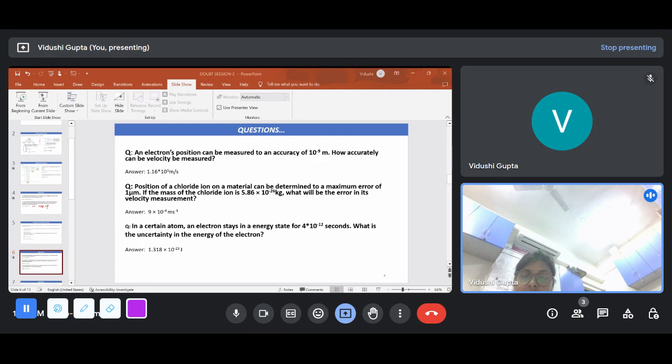So it will be x d psi by dx minus d x psi by dx.